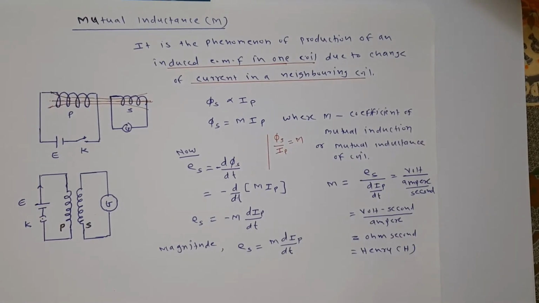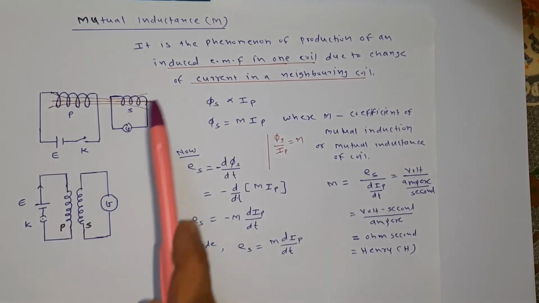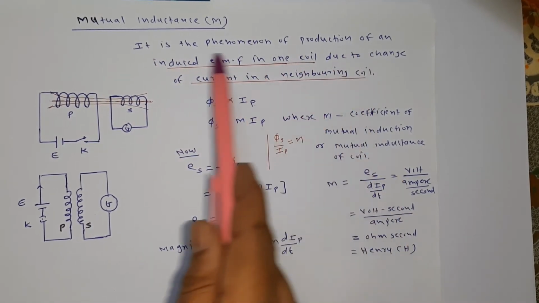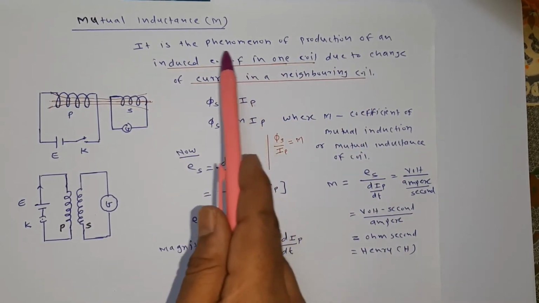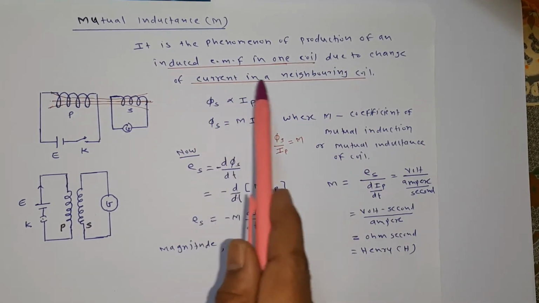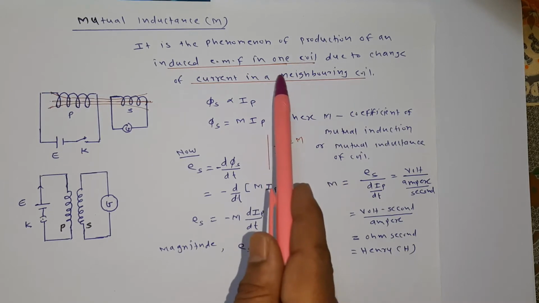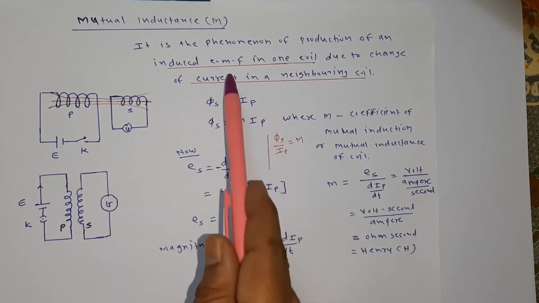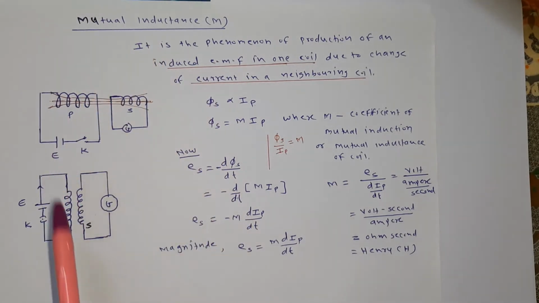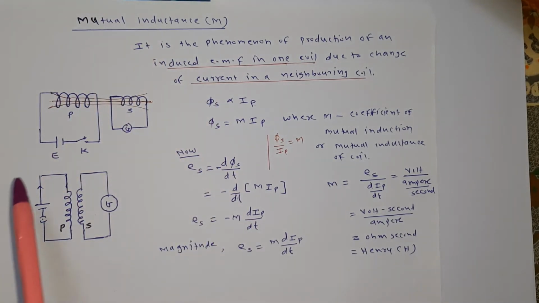Now mutual inductance M. Let's say the first definition. It is a phenomenon of production of induced EMF in one coil due to change in current in the neighboring coil. So whenever there is a change in current in one coil, EMF gets induced in the other coil. That we call mutual inductance.